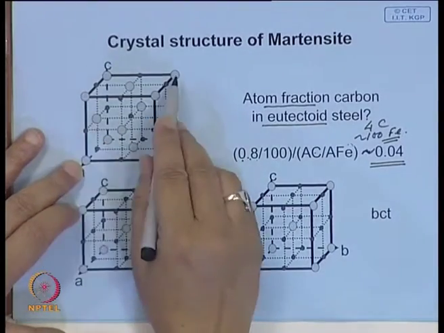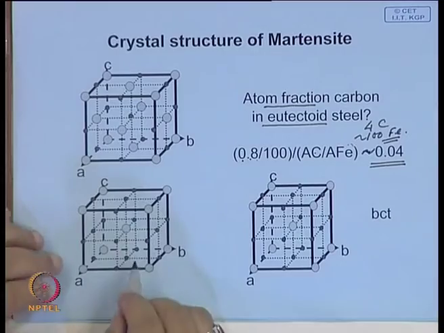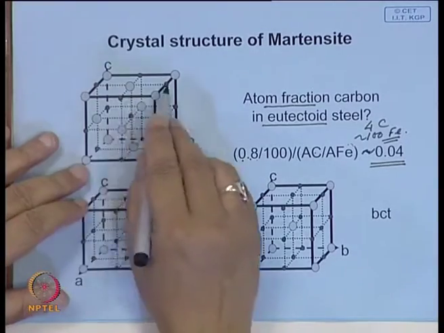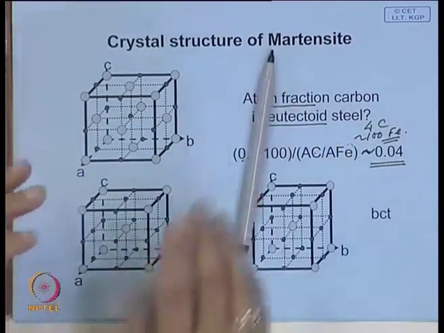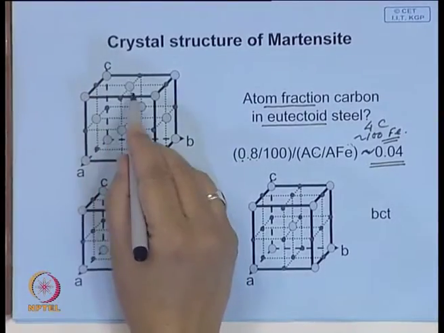So, basically what you see is if you have a face centered cubic structure, you have a very large number of sites, so the question of these sites getting saturated does not arise. You have plenty of sites to accommodate carbon atoms.